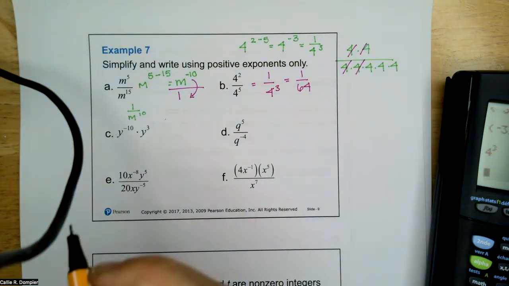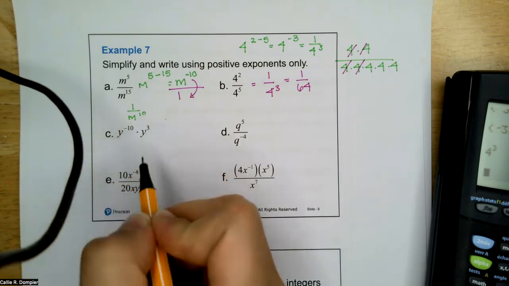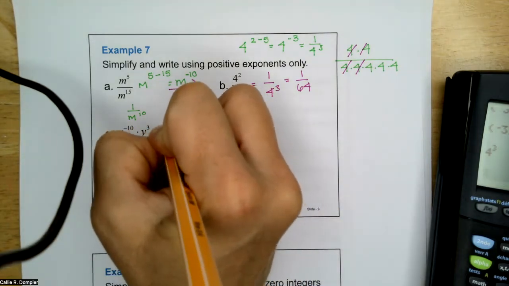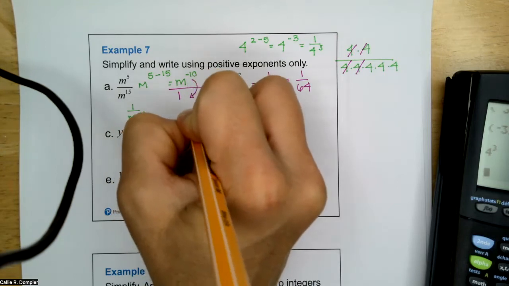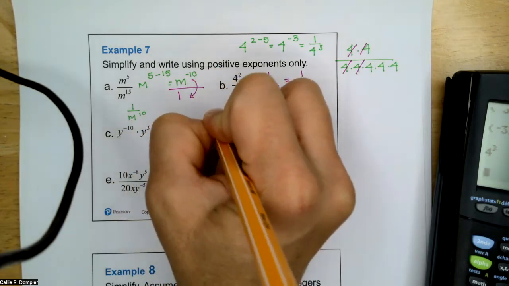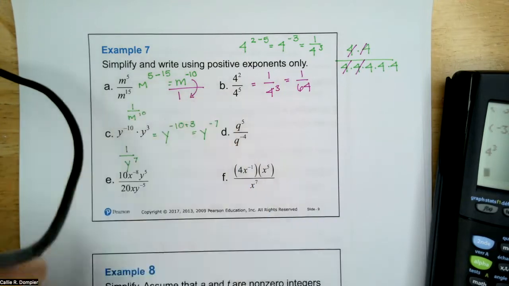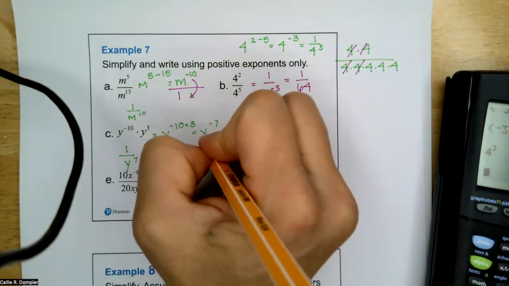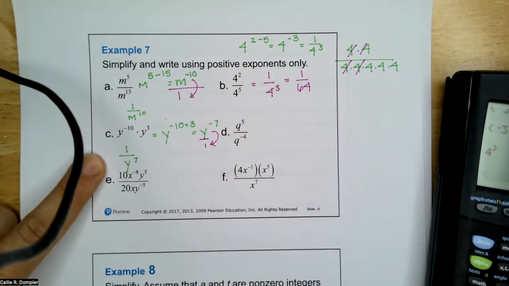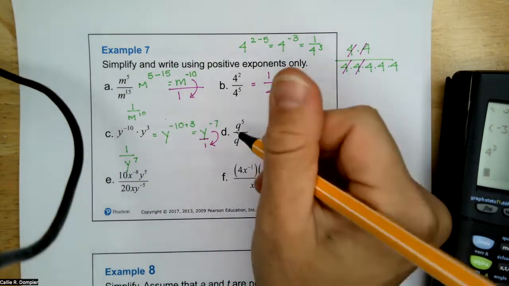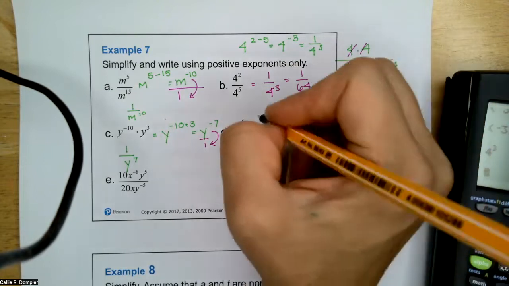No wrong answers. Now we have y to the negative 10 times y to the 3rd. We keep the base of y. Negative 10 plus 3 is negative 7, but I don't want a negative, so I'm going to move it across the fraction bar, right? I get 1 over y to the 7th. Q to the 5th divided by q to the negative 4th.